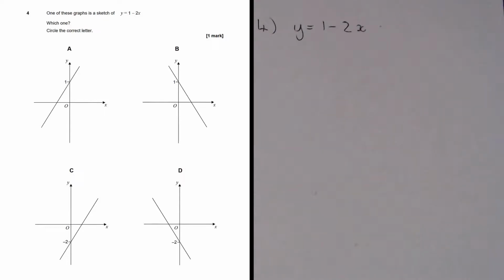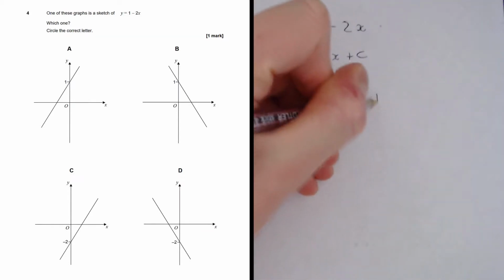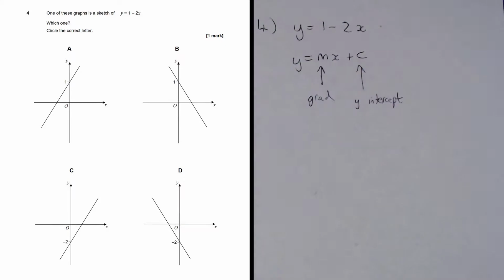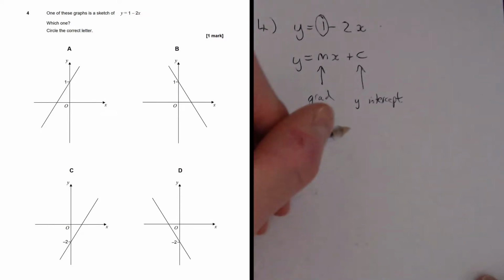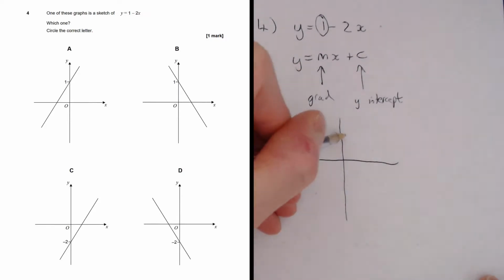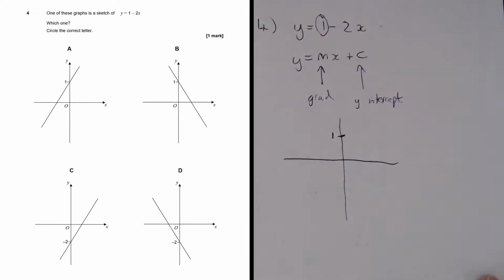Well, remember, an equation of a line has the form y equals mx plus c, where m gives us the gradient and c gives us the y-intercept. So in this equation here, the intercept is 1. And what that means is that our graph is going to look something like this. It's going to cross the y-axis at the point 1, okay?